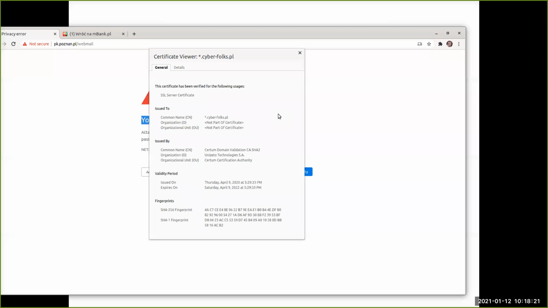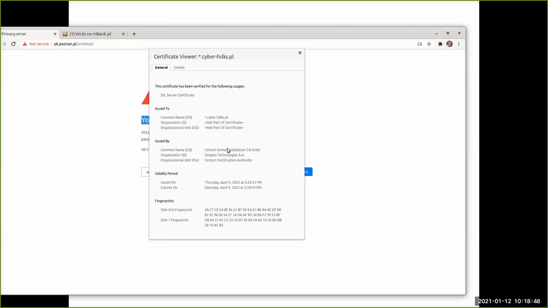But there is also another explanation. Because if you want to have a certificate which will be confirmed by a CA, you have to pay for it. It depends on the certificate type, but it's about 25 or 30 euro per year.